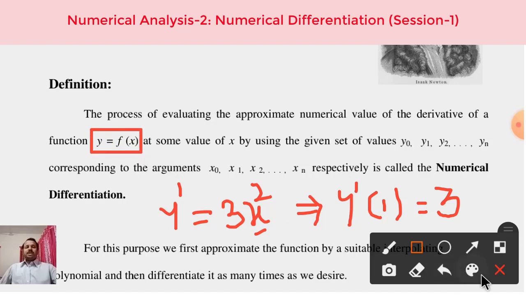But in the situation where we don't have this type of definition, that is, if we are not given something like y equal to x cube, which we were given in the previous case, then it is not possible to estimate the derivative using the analytical method.